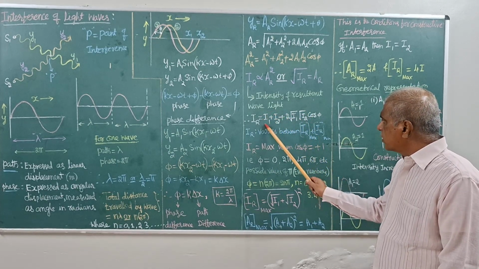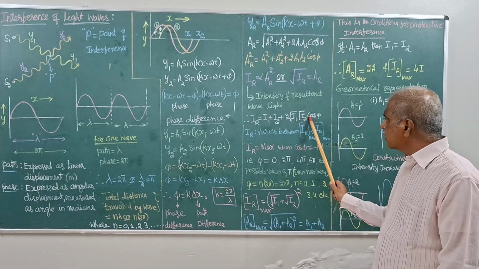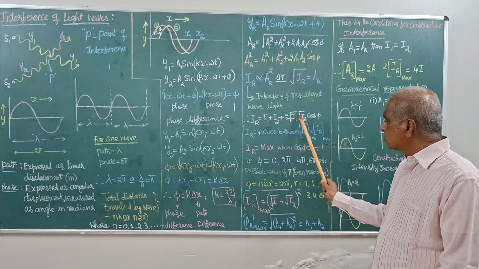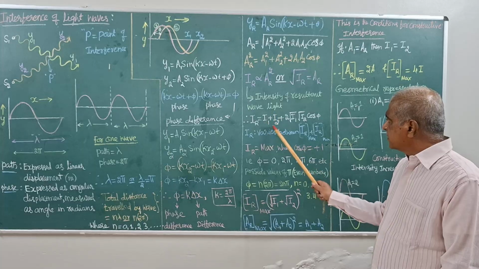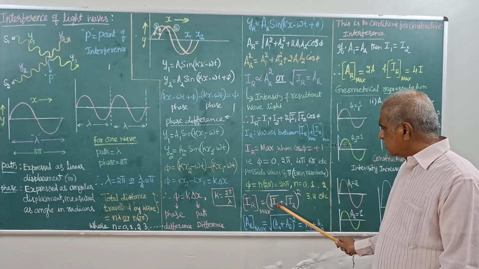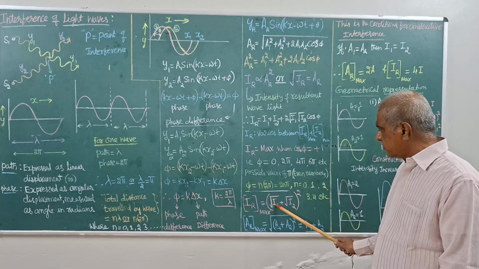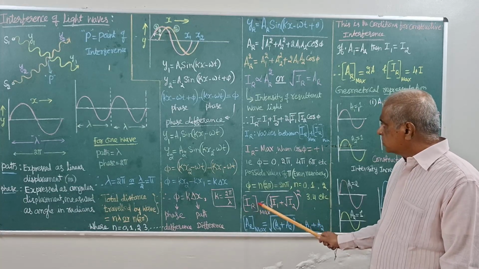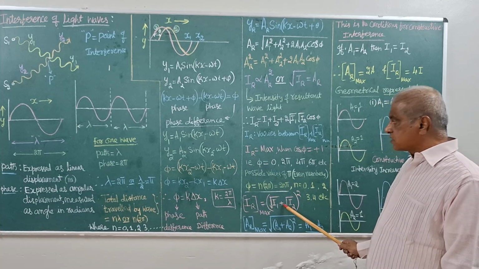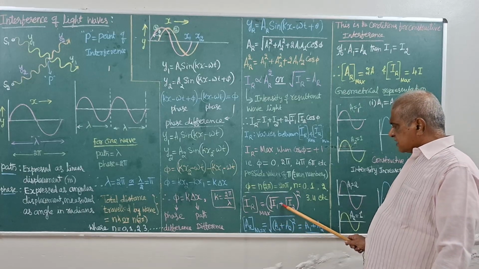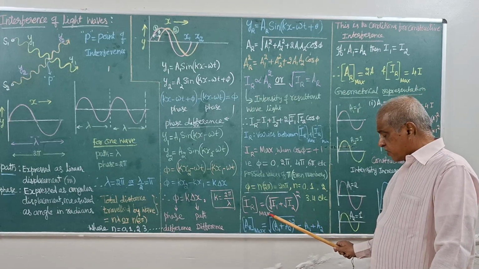So this is of the form A plus B whole square, where A is root of I1 and B is root of I2. If there is a plus between these two, it is the maximum value.